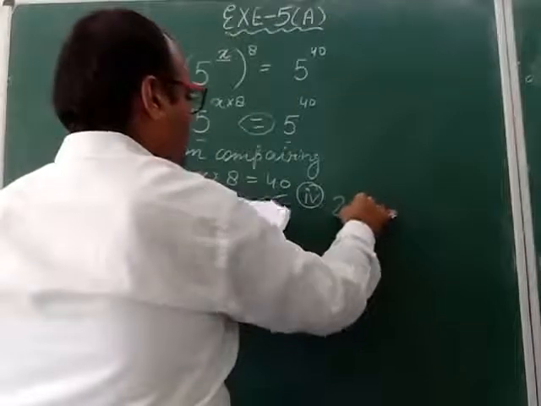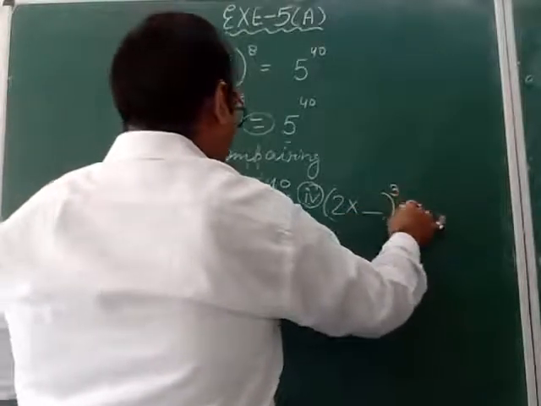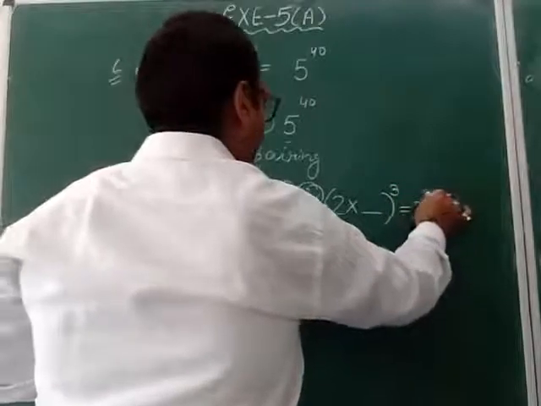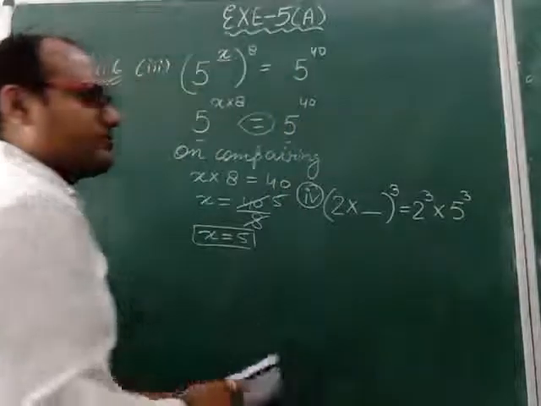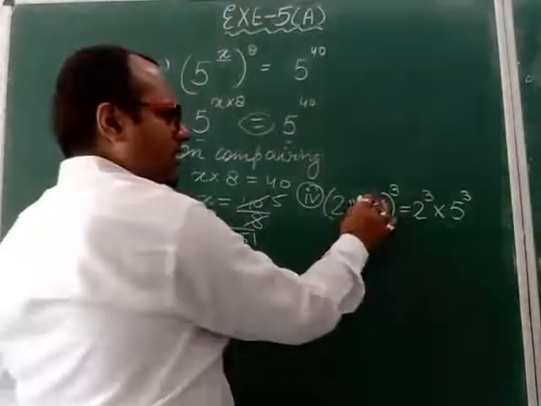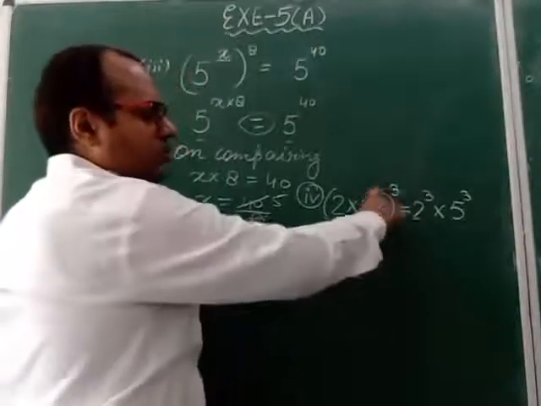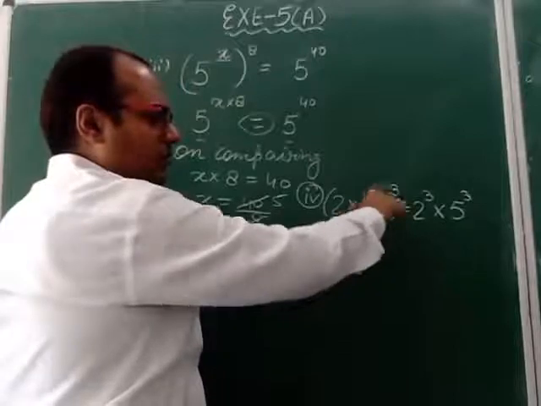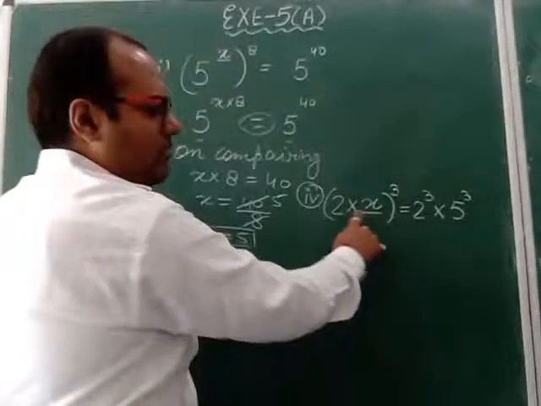2 multiply dash power 3 equal 2 power 3 multiply 5 power 3. So here what you have to do, here in the filler we will fill x. Now this power 3 is for the full bracket. So this power 3 we will take on both the numbers.